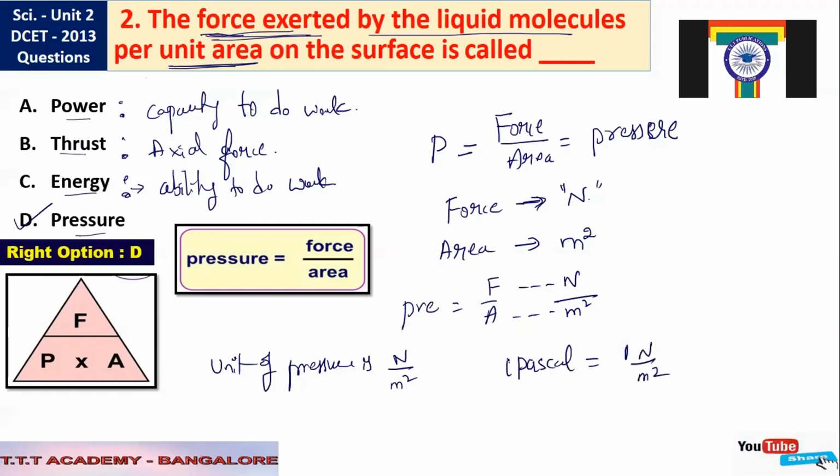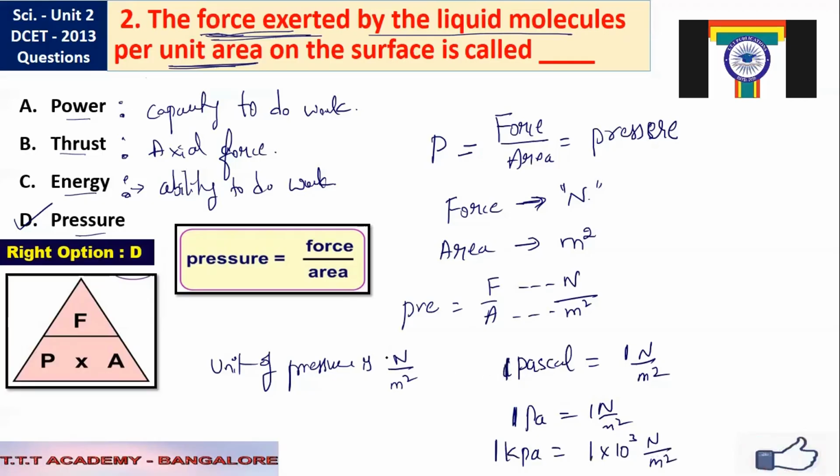Usually we express the unit of pressure as 1 Pa. Suppose you express in kilopascal, 1 kPa is 1 into 10 to the power of 3 Newton per meter square. This is another way, that means system of units.